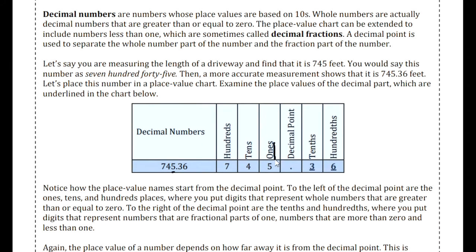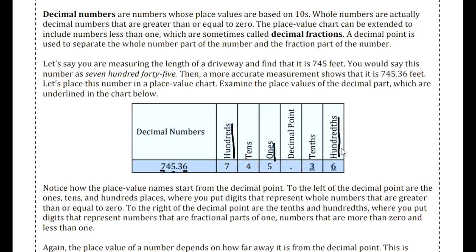It is in the ones position. The 7, 2 more digits to the left, has a name as well. It's in what we call the hundreds place. To the right of the decimal, for example, 6 is in the hundredths position.